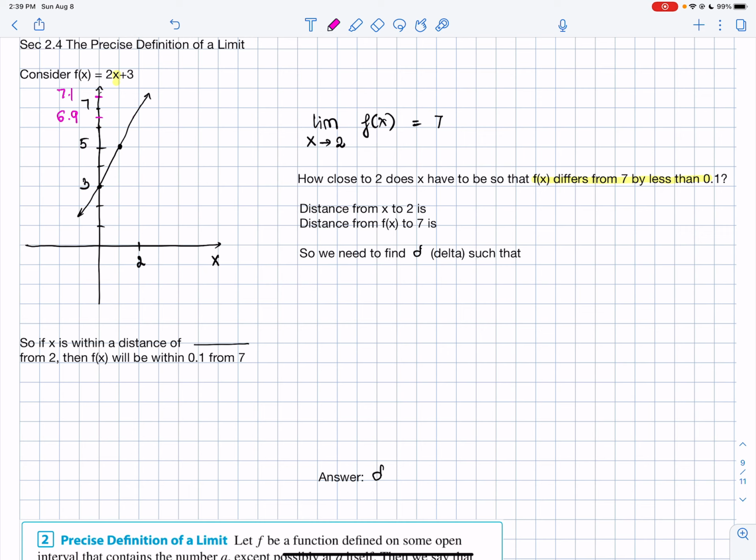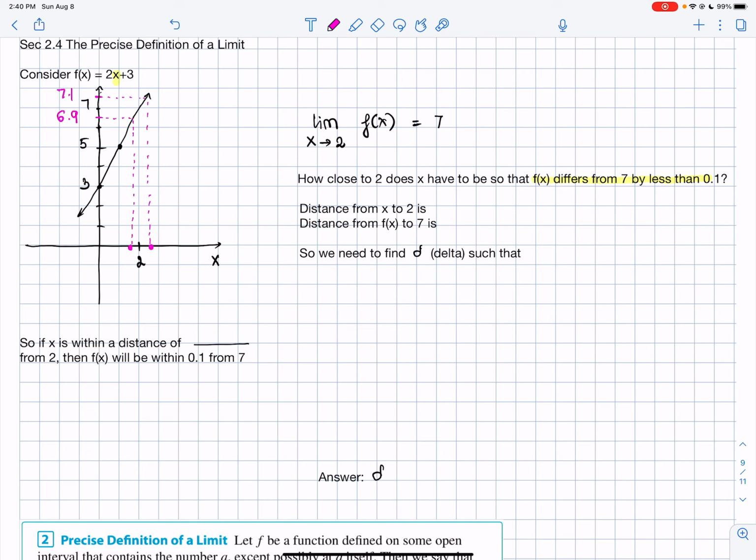So how do we do that? From the graph, we will take 6.9 back to the function and 7.1 back to the function. And now we look at the x. So I will call this point, right here, the x point.